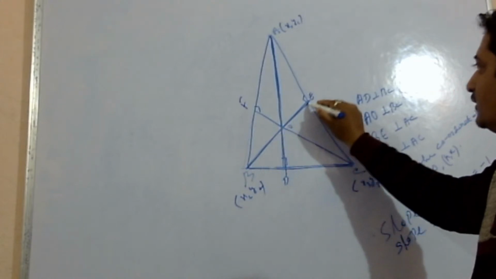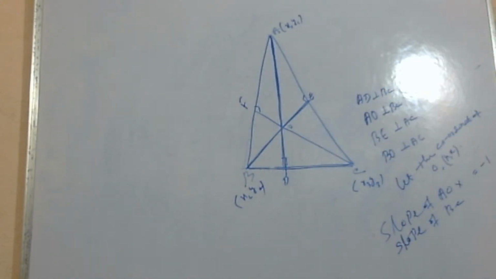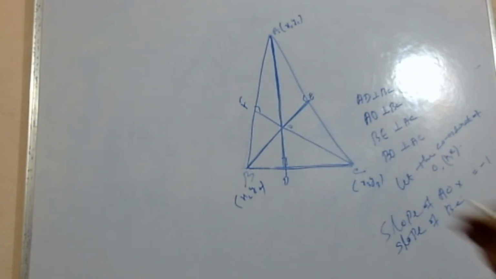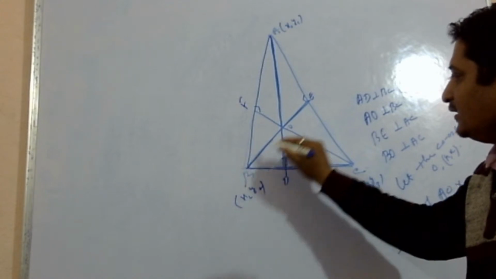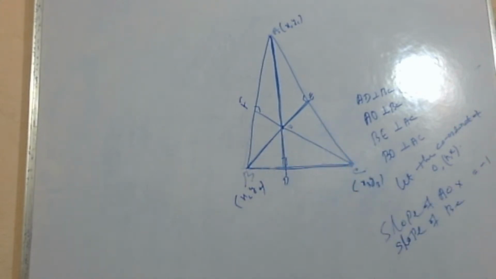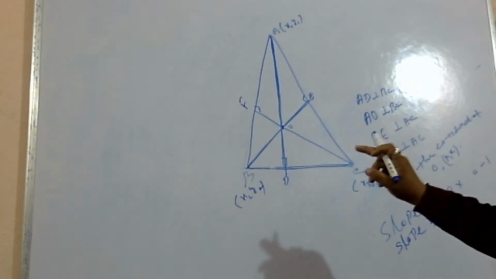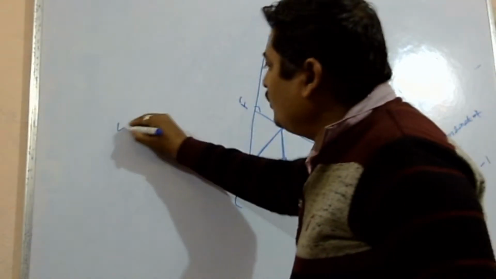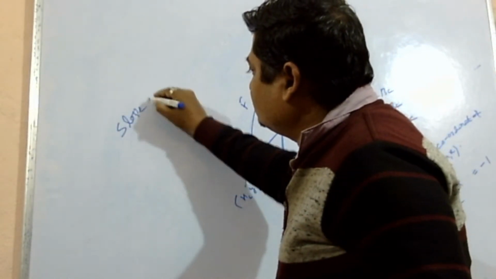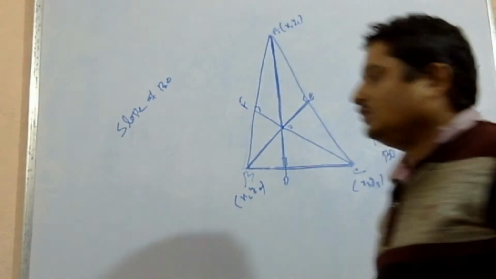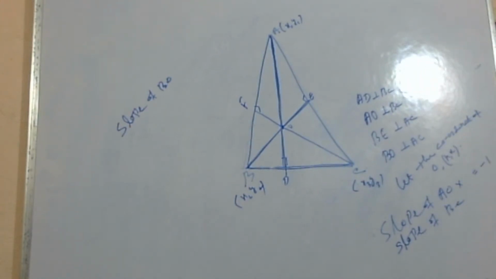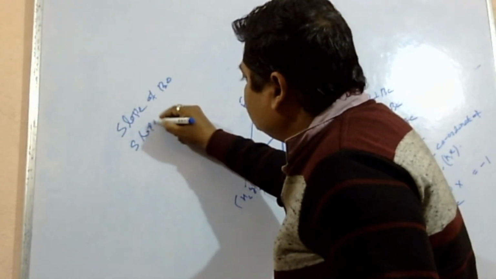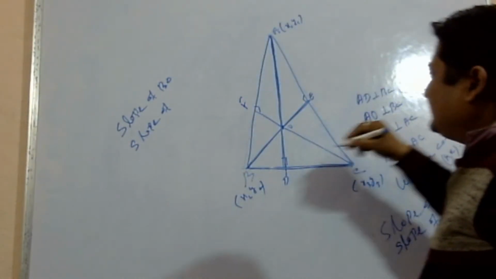Next, BE is perpendicular to AC. Then BO is perpendicular to AC. B point is given, O point is also given. Then find the slope of BO. Yes or no? Then again we have to find the slope of AC.